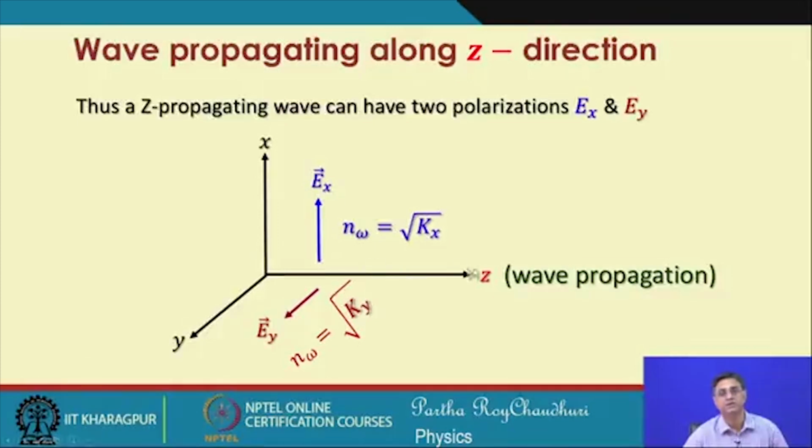So, this wave which is travelling along the z direction can have two polarizations, that is E x and E y, and the corresponding refractive indices n omega 1 and n omega 2 are given by these two equations. So, this is the x polarized wave and this is the y polarized wave. There are two possible polarizations associated with the wave which is travelling along the direction z.